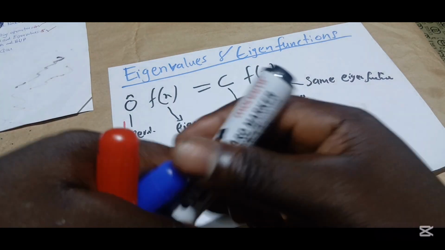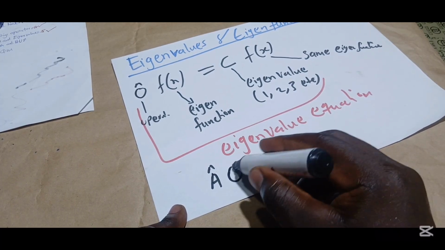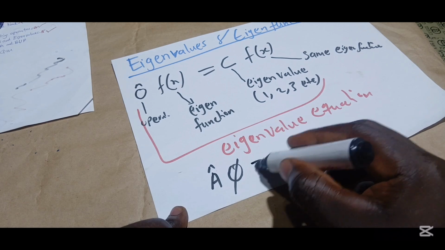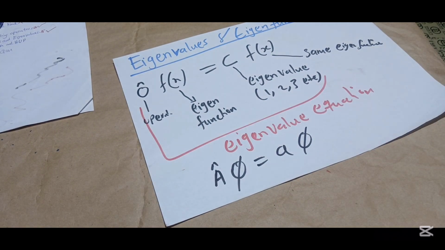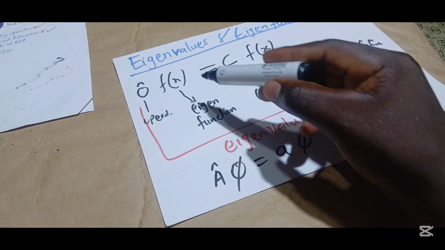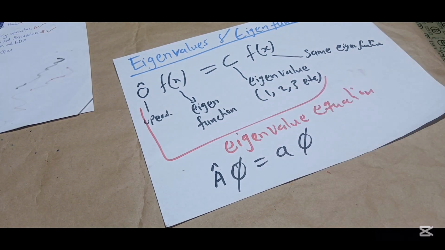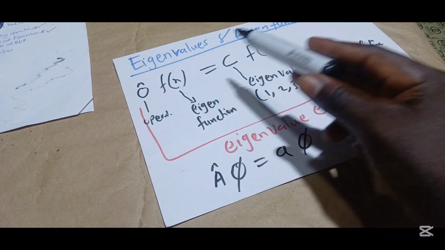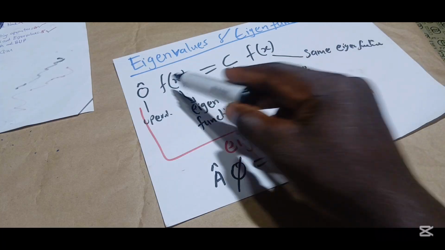A simple example of this is, let's say we have operator A operating on the wave function phi to give us alpha times the same wave function phi. Notice that this eigenfunction is mostly a wave function. This is our eigenvalue, and this is the same eigenfunction.